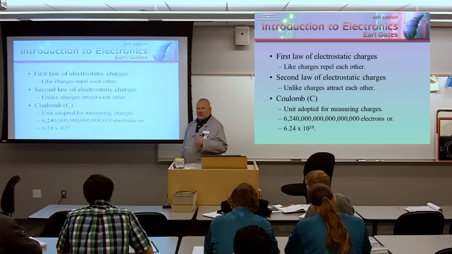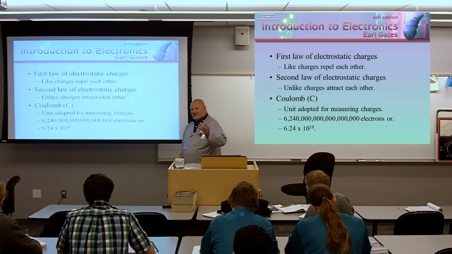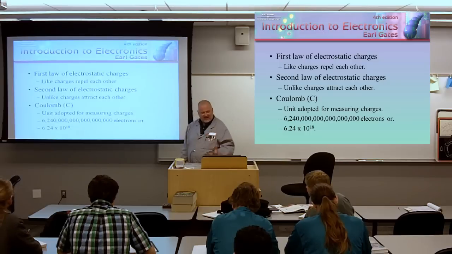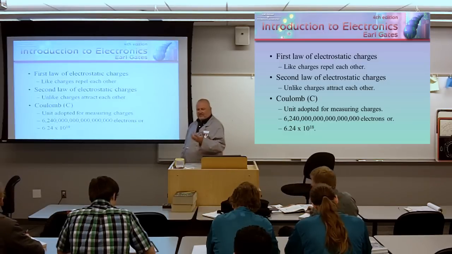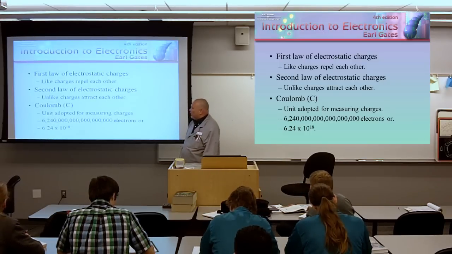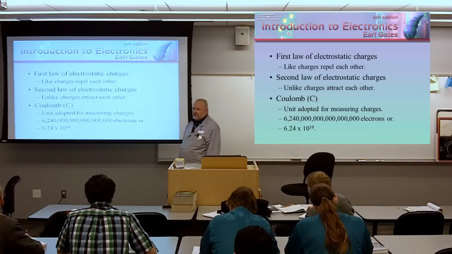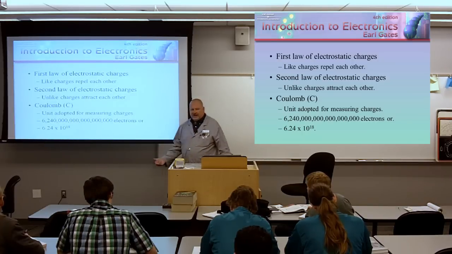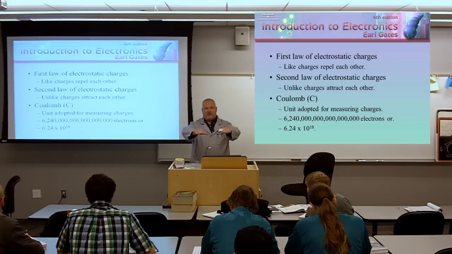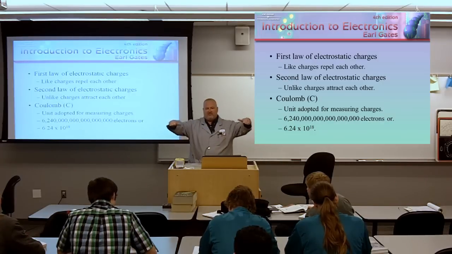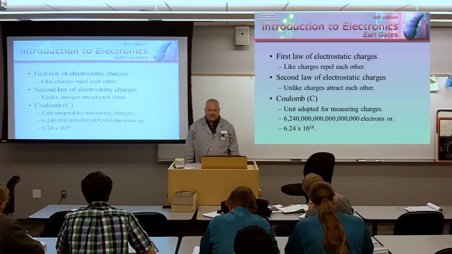That's not only in relationships, that's actually the laws of electrostatic charges. Opposites attract is actually the second law of electrostatic charges. So if I have a negative and a negative, they're going to oppose each other. If I have a positive and a positive, they're going to oppose each other. If I have a negative and a positive, pow, they're going to be attracted to each other.